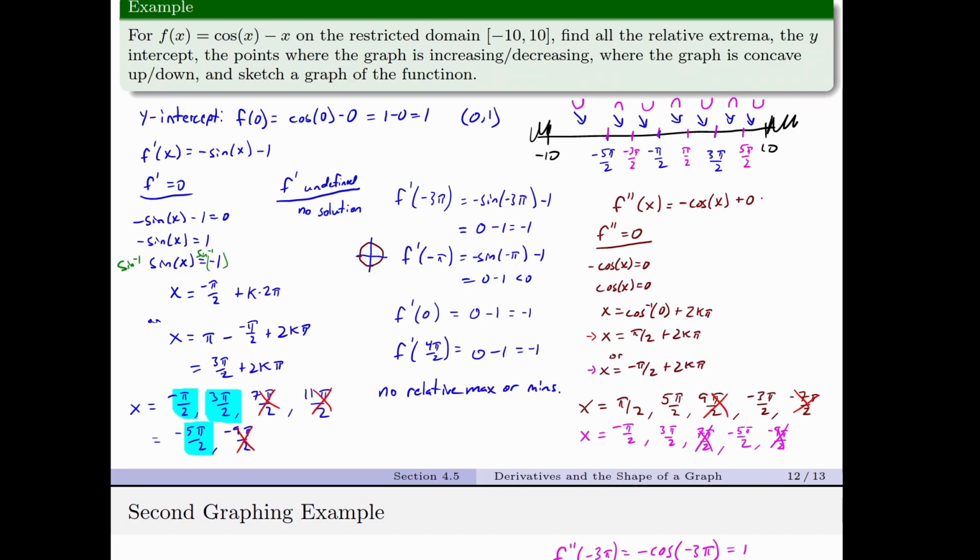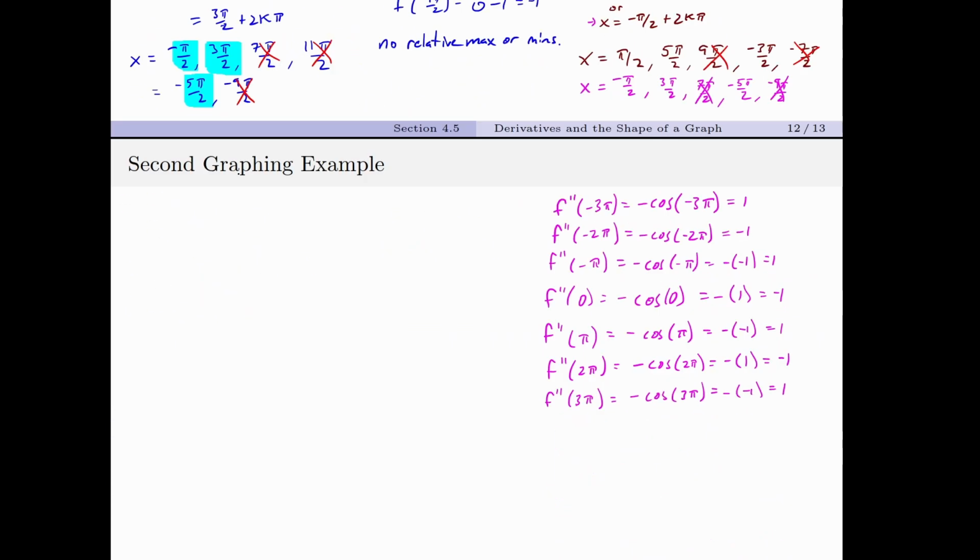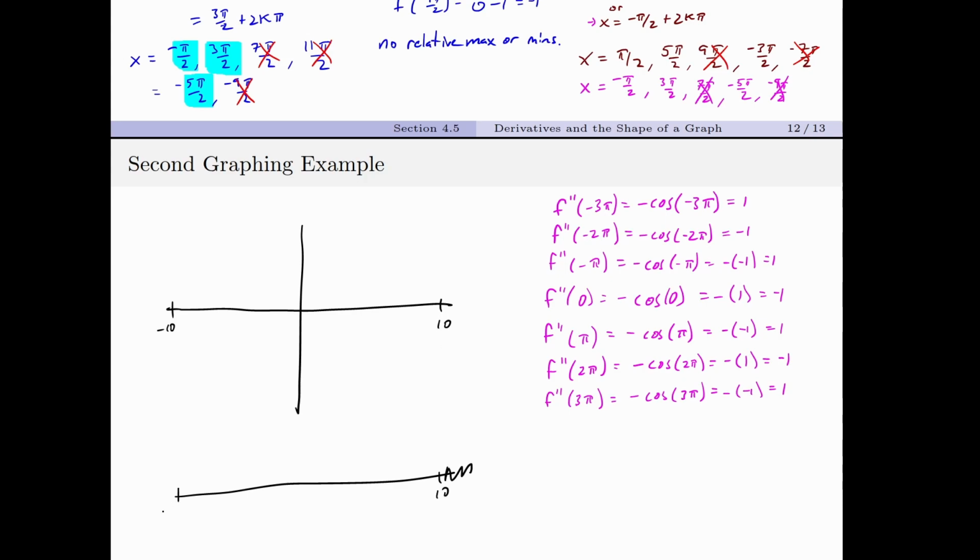Okay. That's a lot of detail. Now, let's put this all together and sketch a graph. Once again, I'm going to put my axes in, and directly underneath, I'm going to recopy that number line that we just had. Our domain is negative 10 to 10, so I don't have anything outside of that.